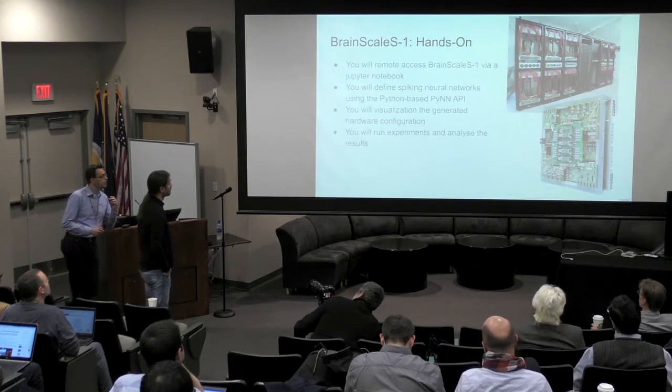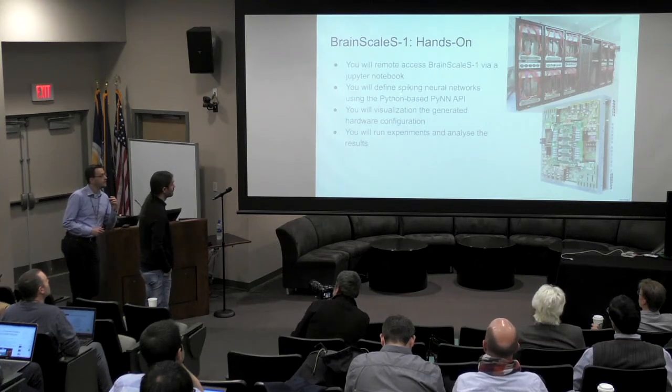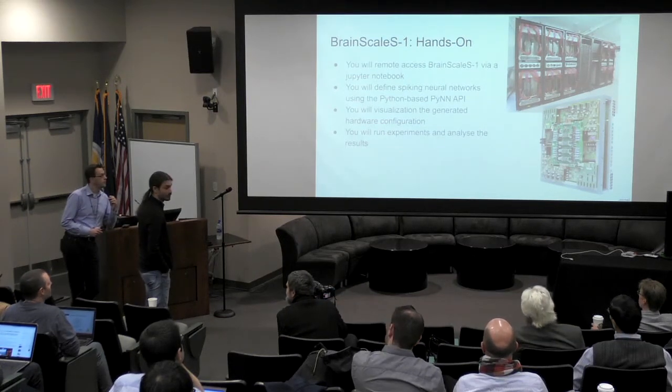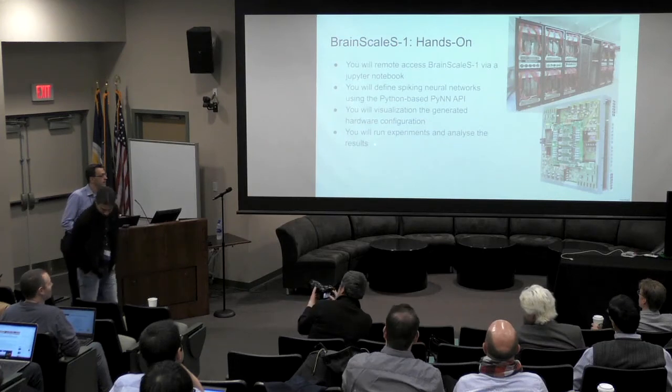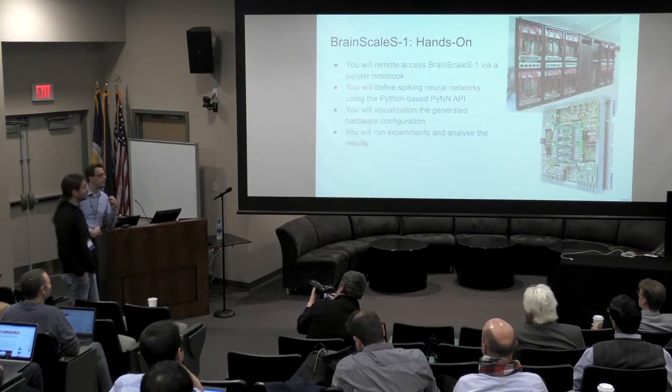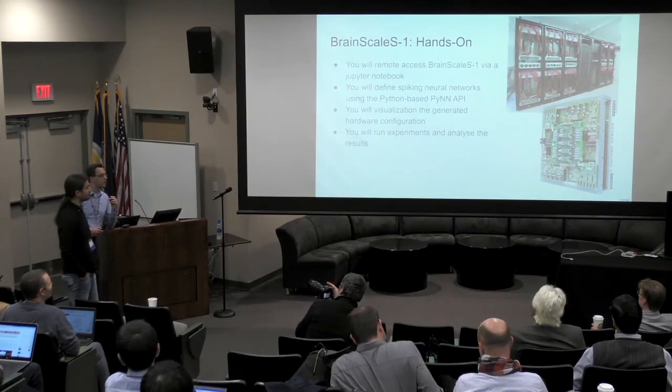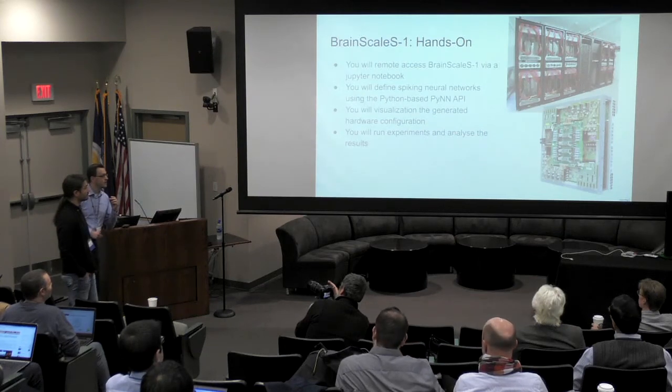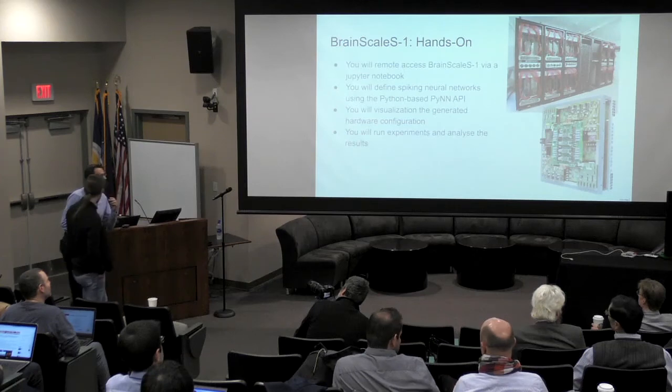So you just need a browser. You will define spiking neural networks using the Python-based PyNN API. You will visualize the generated hardware configuration, and then you will run experiments and analyze the results. And then from there on, you can basically do whatever you like. There's template code that you can then adapt to your liking.